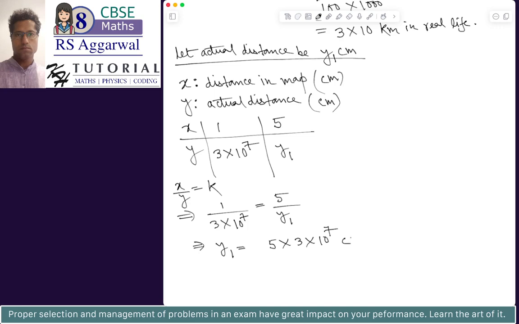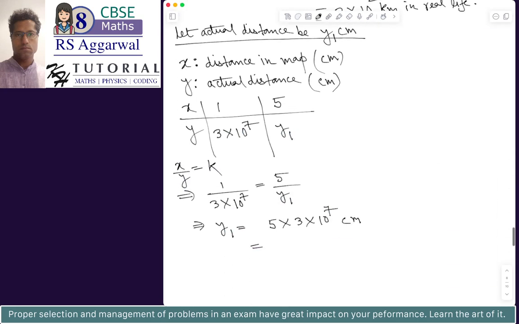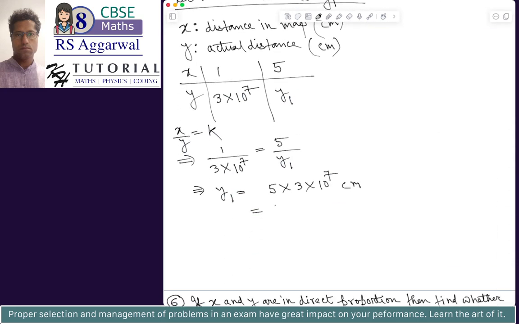Now the problem has asked to find the actual distance in kilometer. So this is 15 multiplied by 10 to the power 7 centimeter. This is in centimeter, so if I divide by 100, I get meter, and then again if I divide by 1000, I get kilometer.